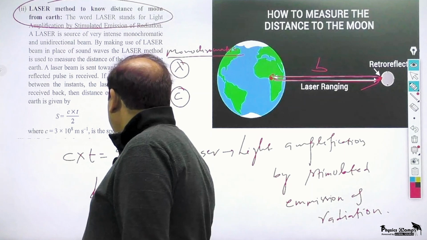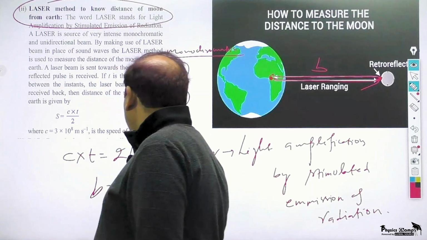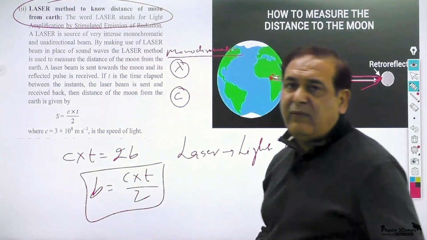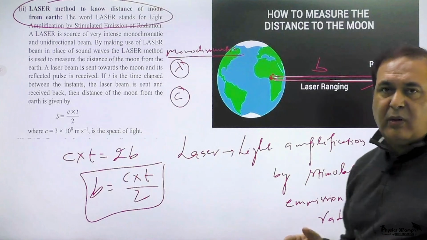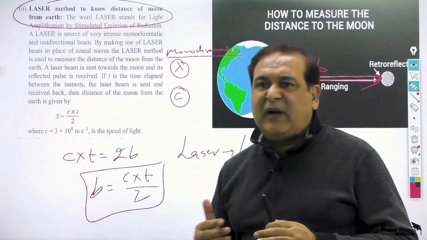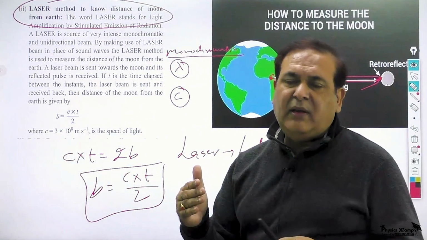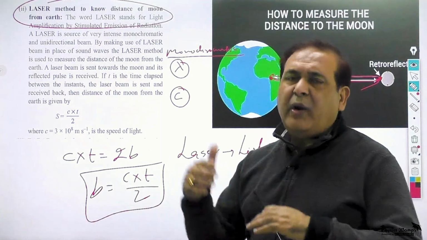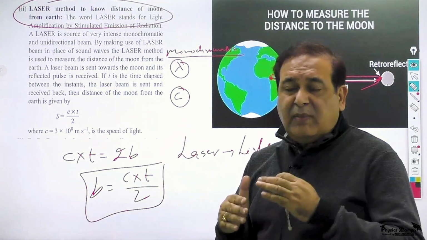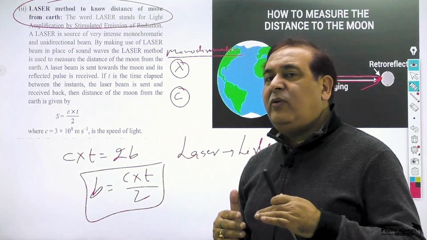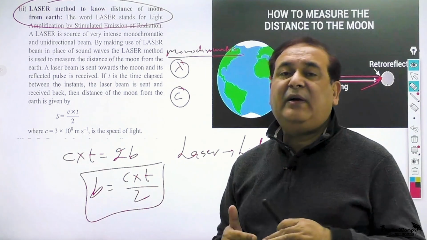So the separation is c into t by 2. So in case of measurement of the distance of another astronomical object like a satellite near Earth, which is quite far, or maybe any asteroid, you can use a laser beam to find its distance.